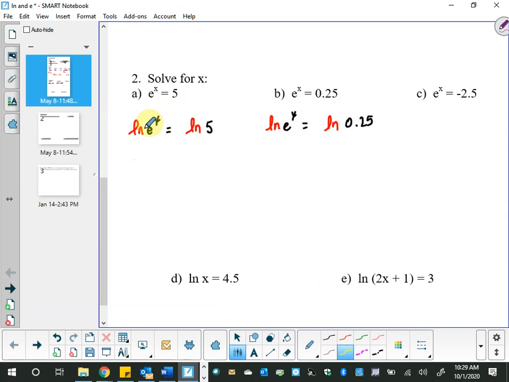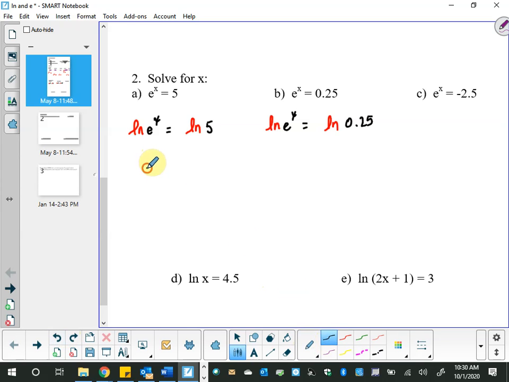And when that happens, you are allowed to imagine that this happens, which is not actually the case. So I'm going to, water break. So we get to cancel the ln and the e, and leave ourselves with x.